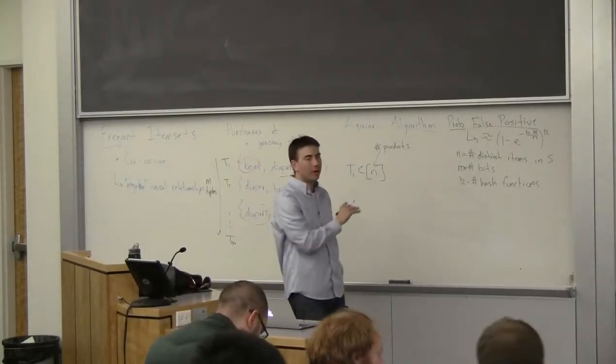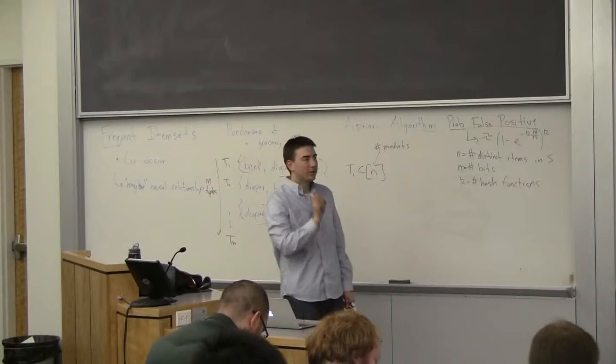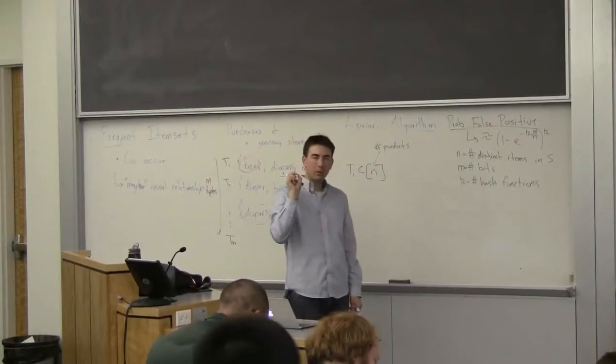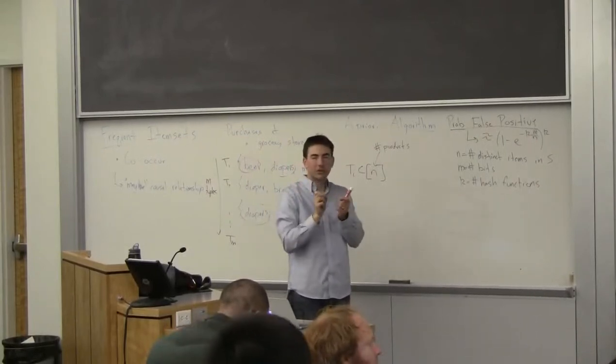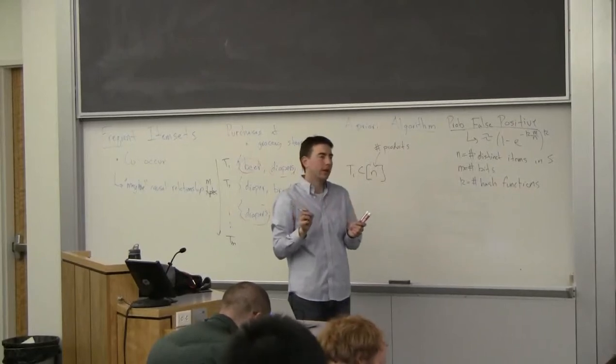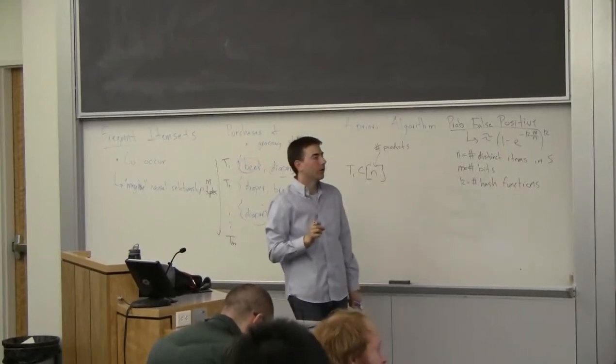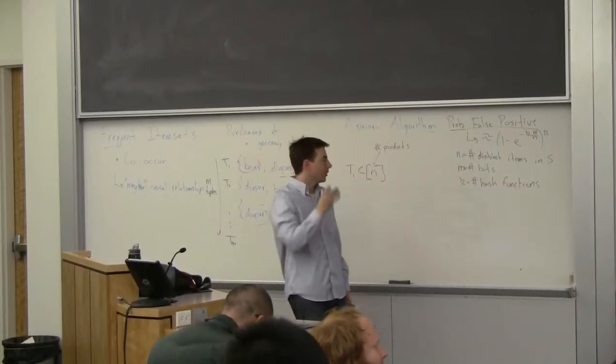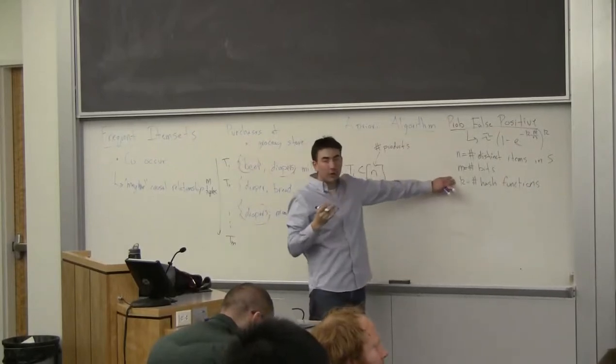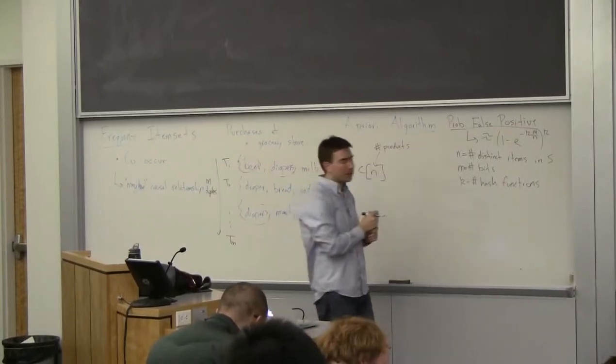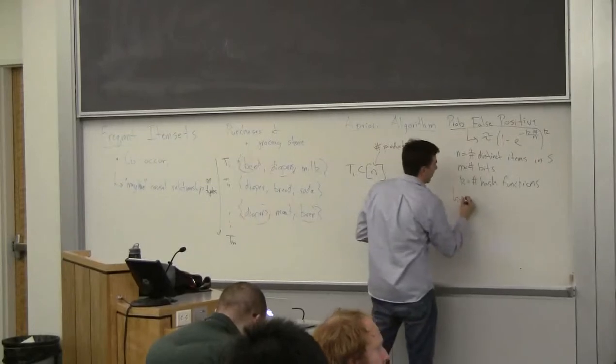If you have too small a number of hash functions, then you really only need one hash collision to happen in order to have one of these false positives. So you don't want too few, you don't want too many.